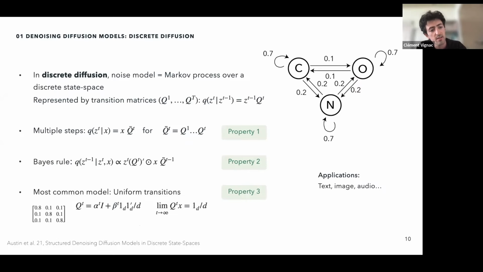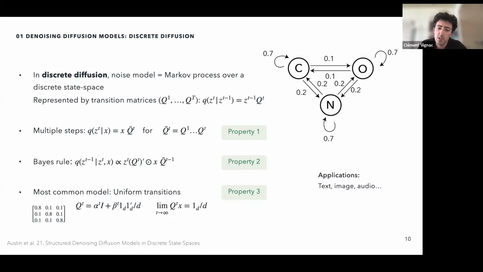So in the discrete case, you have a discrete state space. On the right, you have, for example, 3 atom types. And the noise model is a Markov process over this space. So you have a probability of jumping at each time step from state to state. And these probabilities are represented by transition matrices.